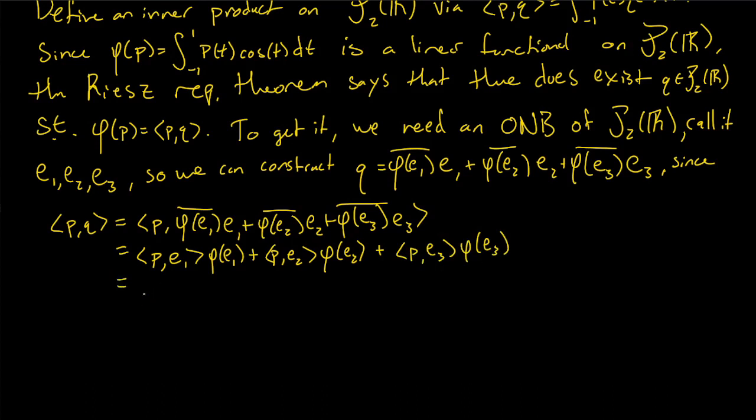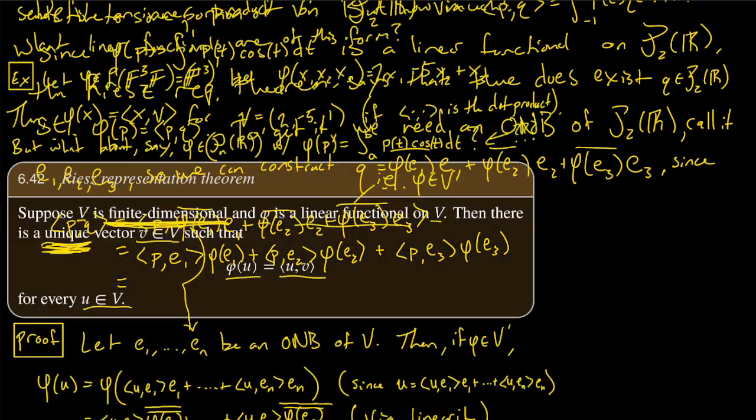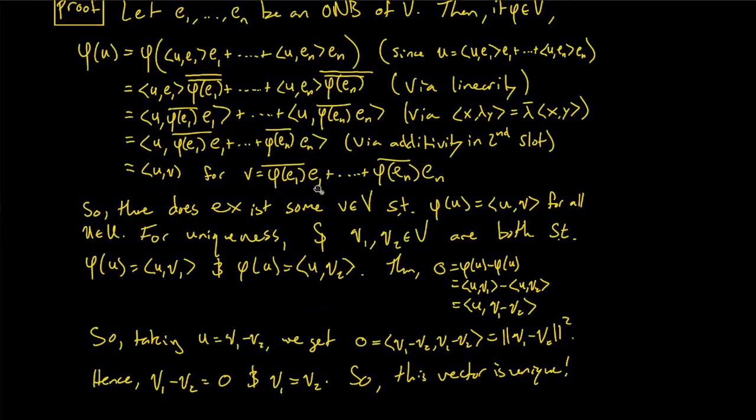And don't you know it? What am I going to get? Well, all I got to do is just figure out, looking back right over here, how to bring it all back into the first slot, that is, bring it all back into phi.